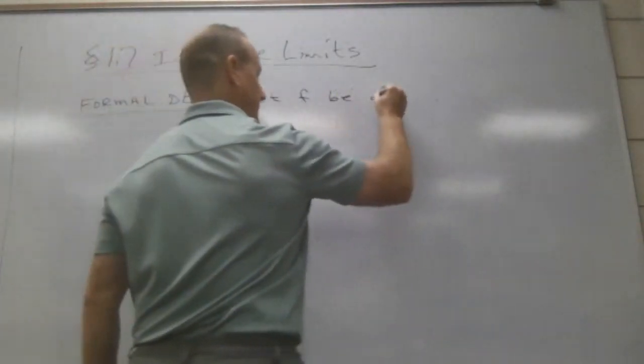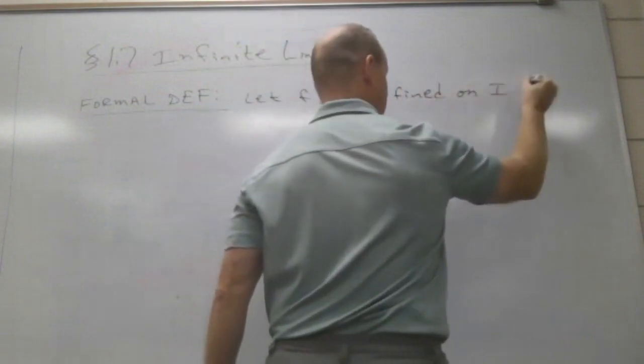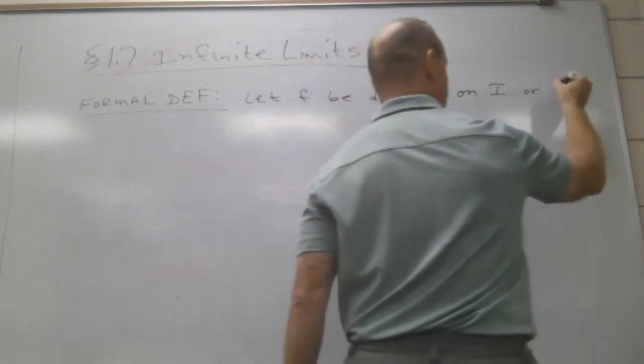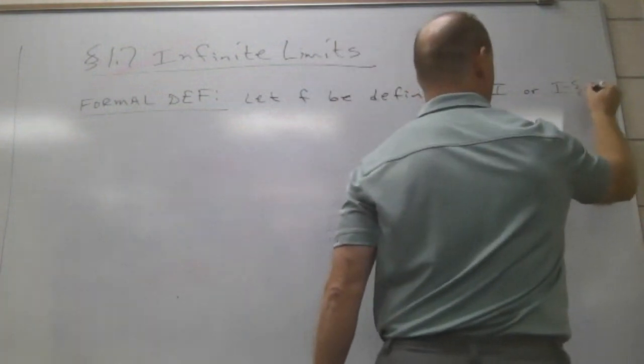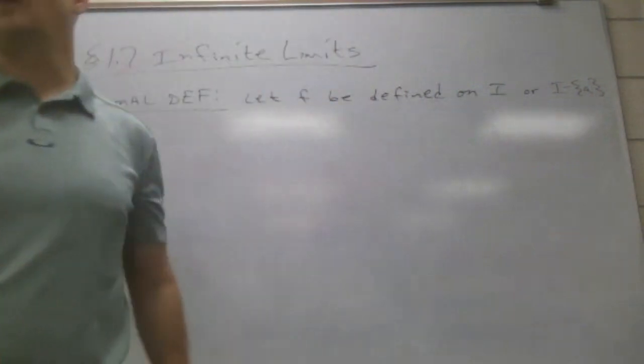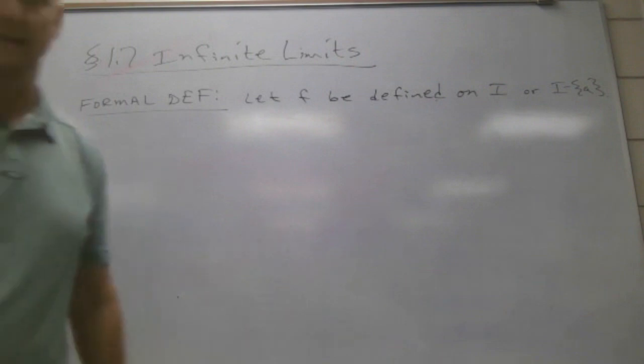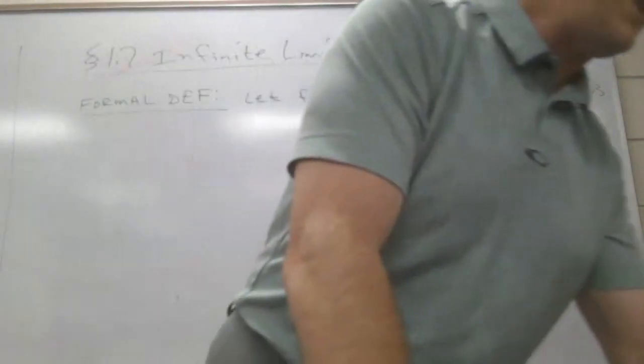Let f be defined on some open interval I, except possibly a itself. So some open interval containing a except possibly a itself. That's the shorthand way to write that.